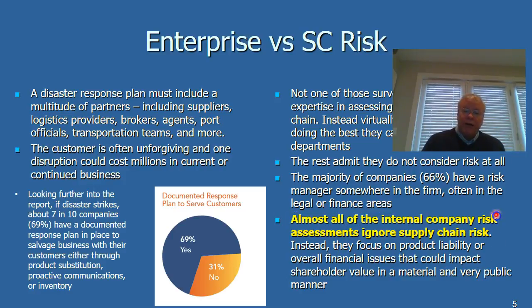But what we want to talk about here is looking at supply chain risk as a separate part of the enterprise risk, because at the end of the day, if there's an issue with product liability, if there's an issue with purchasing or procurement or quality, it's going to come back on supply chain.